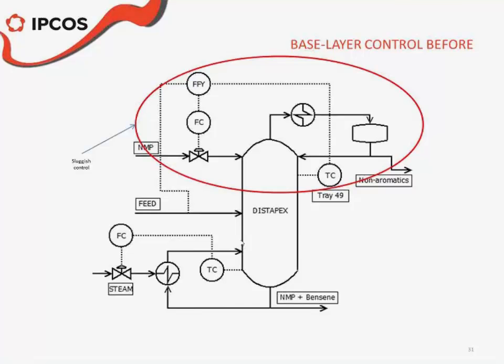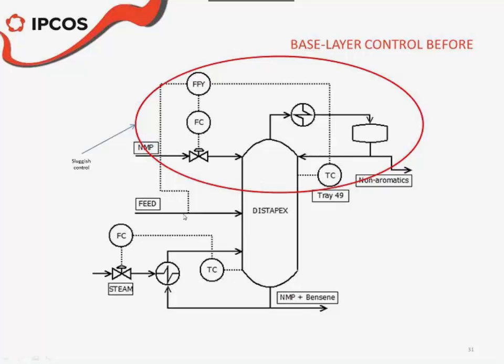So what we found once we were there was that this was the control strategy that was in place. The temperature controller was acting on a ratio controller. This ratio controller was keeping the ratio between the amount of benzene in the feed, actually the percentage of benzene in the feed, and the amount of solvent.